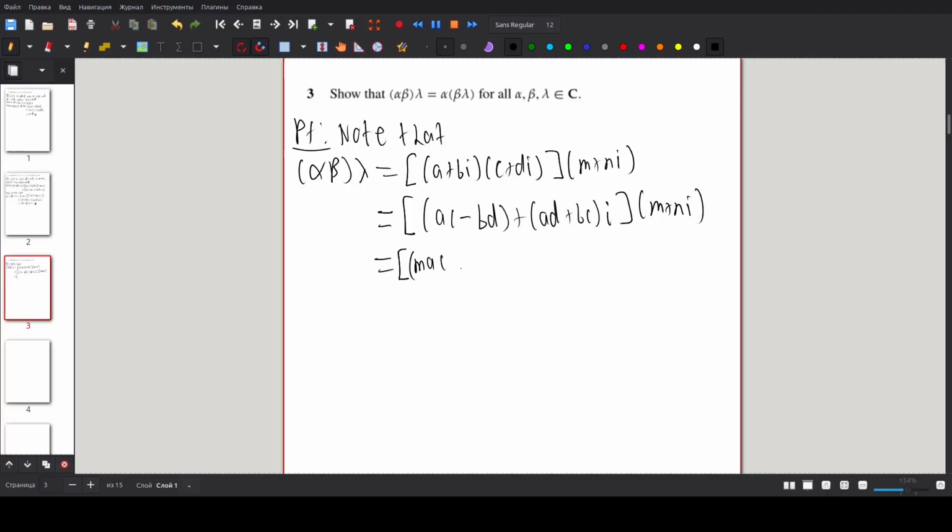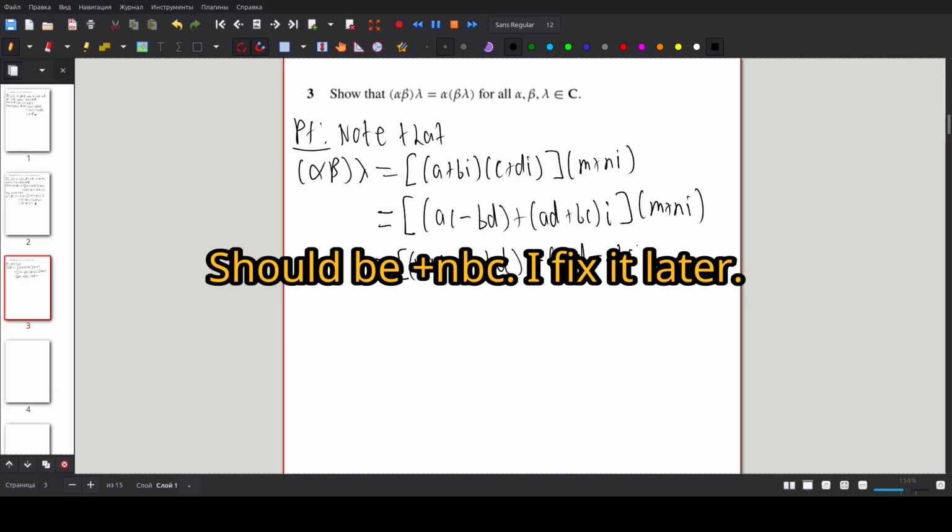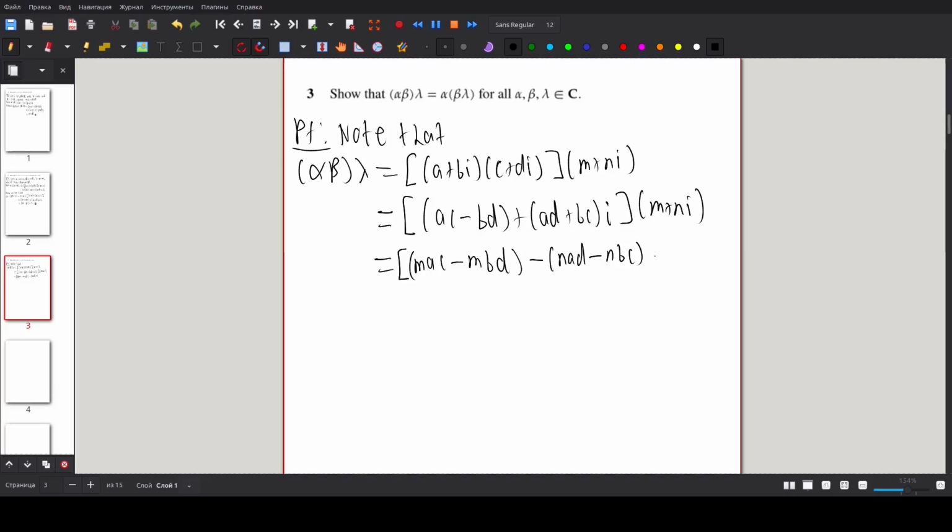MAC minus MBD minus NAD minus NBC. I didn't need the brackets, whatever. Okay. Plus, this is going to look so disgusting, I'm sorry.